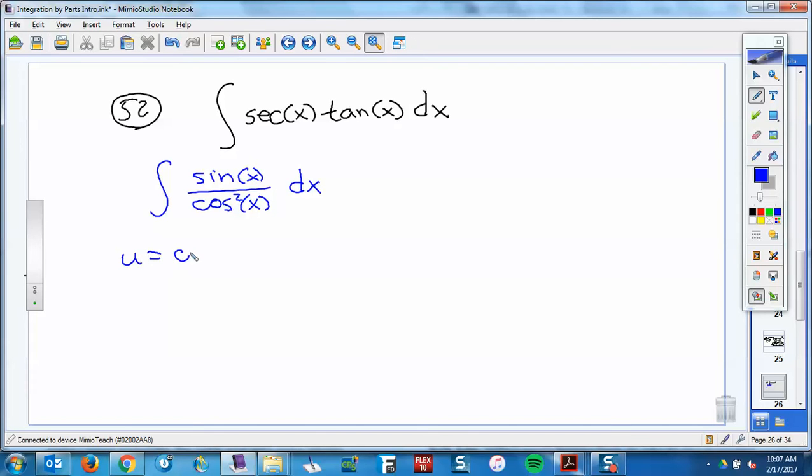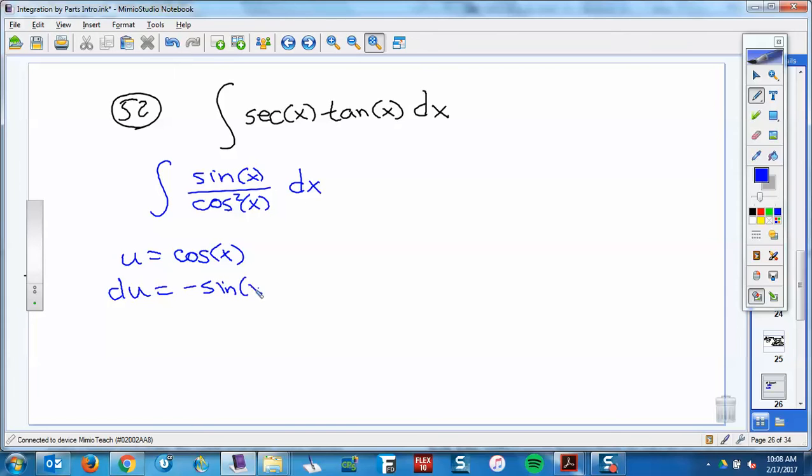Let u be the bottom inside, because there's an inside there. And the nice thing about that is the du is going to be negative sine, and that's setting right up on top. So anytime you get a sine over cosine kind of thing, you can do just like we did with tangent. You can let u be that sine or cosine that's in the bottom, and that usually will take care of the top. So let's see where we go here with this.